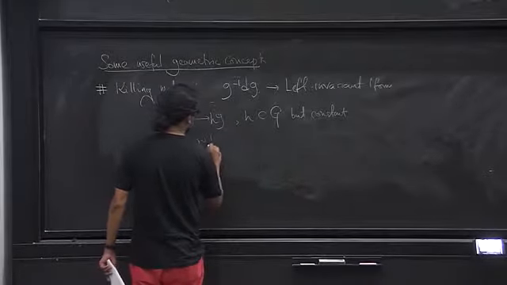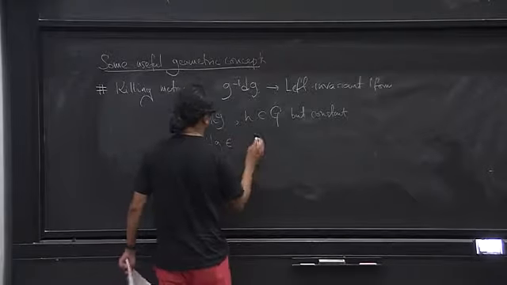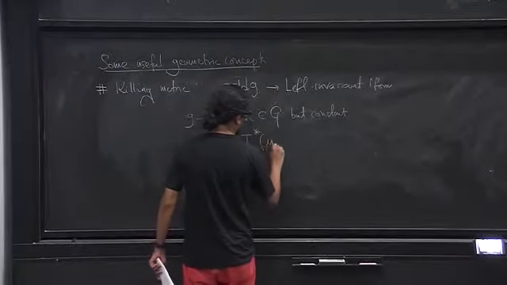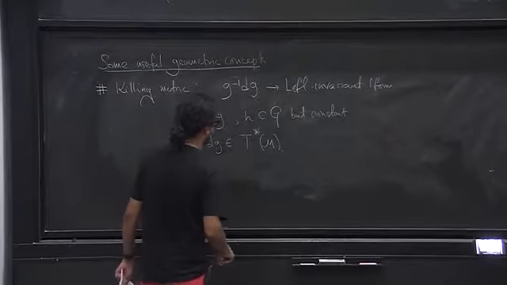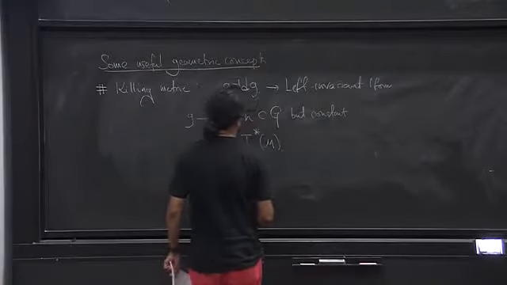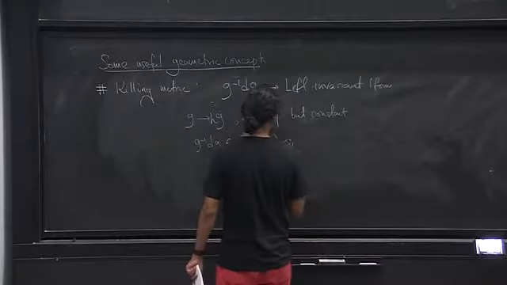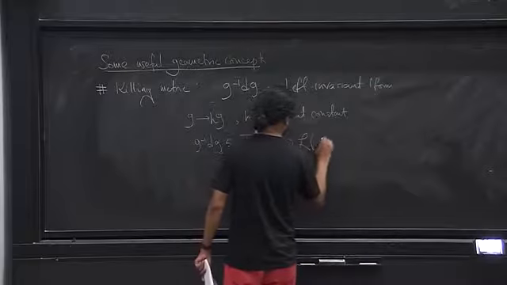Now this thing is a one form, so it's an element of the cotangent space of M, where M is the manifold of the Lie group. It's also an element of the Lie algebra.